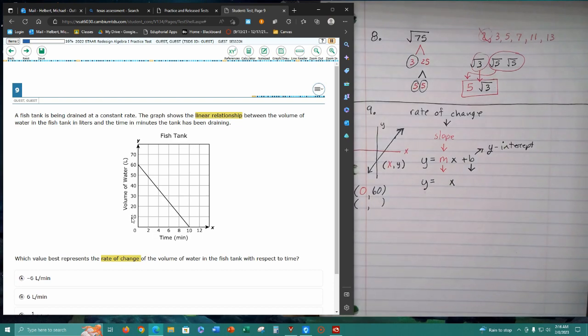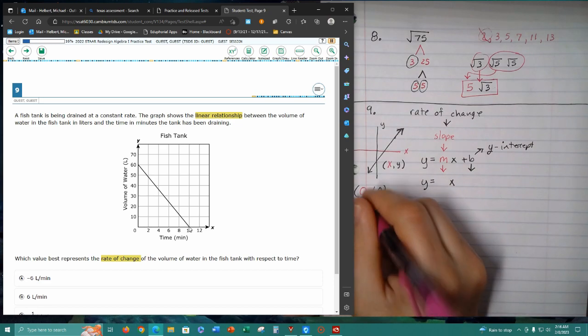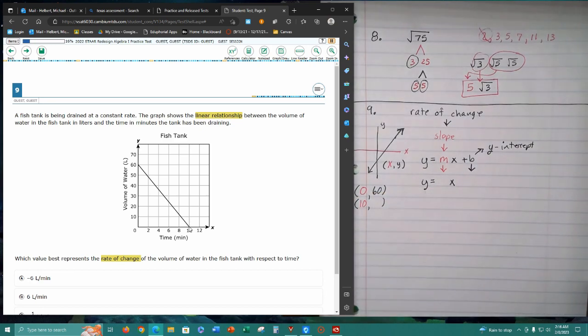The second point, I'm going to follow it over until it touches the x-axis, and notice it touches right here at 10. So I'm going to go ahead and write a 10 for my x value. And notice at this point, if I go back over to the left for the y, this was 10, that's 20. If I go back down, this is also 0 for the y. So not only is this 0 for the x, this is 0 for the y.